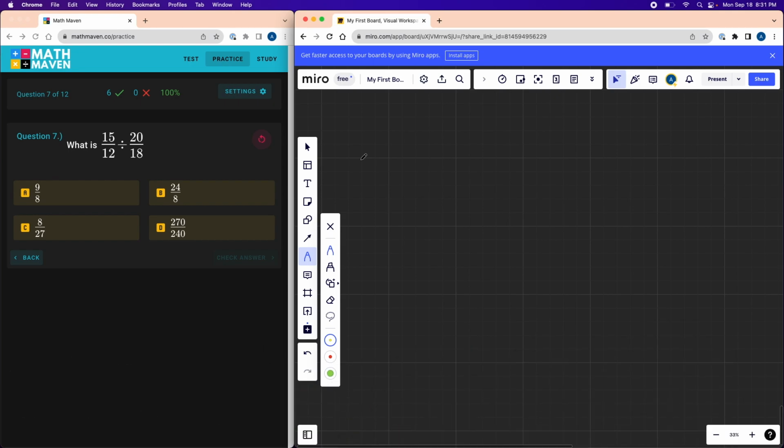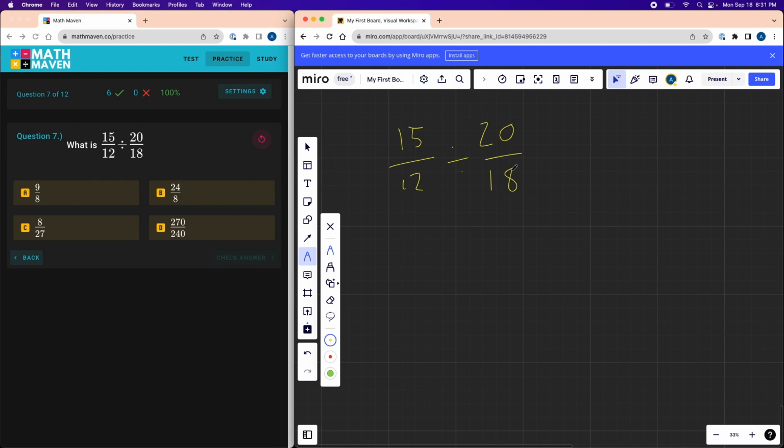All right, so hopefully you tried that one out on your own here. There's actually a couple different ways we can go about doing this. This one should be kind of fun because, like I said, there's going to be multiple ways that we can go about solving it. So first thing, I'm just going to write it out here. We got 15 over 12 divided by 20 over 18.